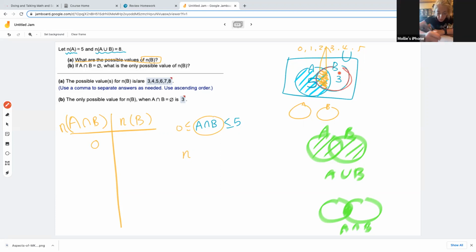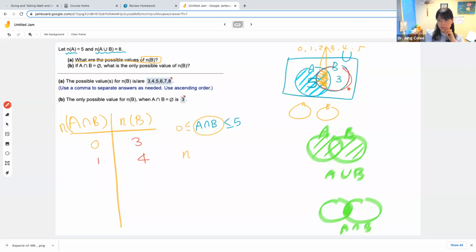This part is 0, so together this part and that part should be only 3, right? If there's one element in the intersection part, then how many are in B? 1 and 3, so there will be 4 in B, right? If the intersection part has 2 elements in it, then B will have 2 and 3, so 5.